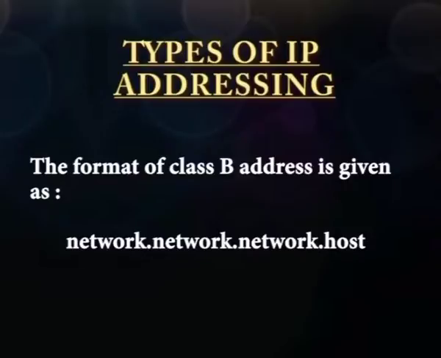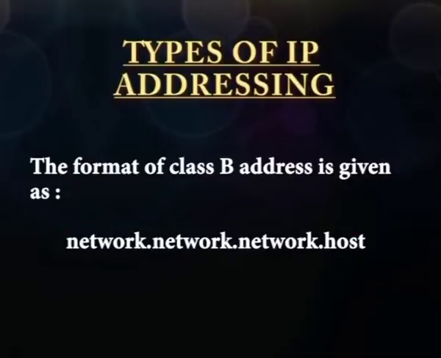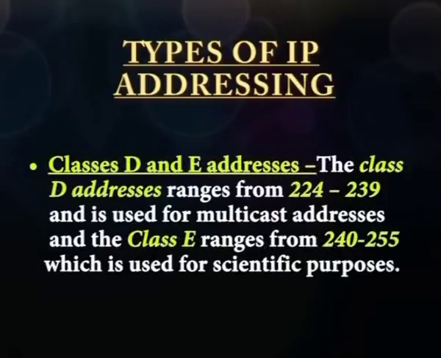The format of a class C address is given as network dot network dot network dot host. Class D and E addresses. The class D addresses range from 224 to 239 and are used for multicast addresses, and class E ranges from 240 to 255, which is used for scientific purposes.